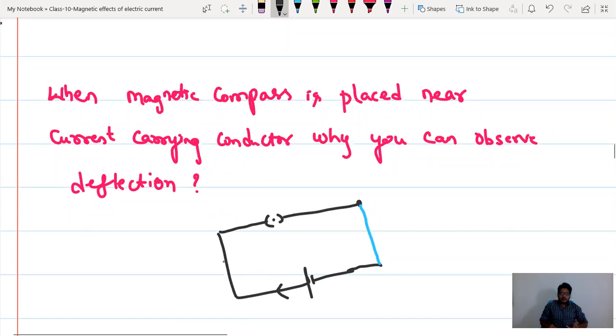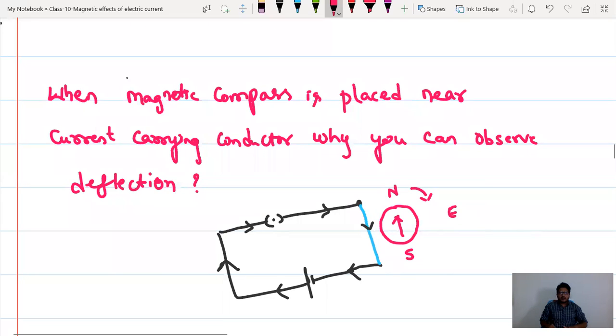Now you can draw the direction of current. Now there is current inside this current carrying conductor which is in blue color. If you place one compass needle, before switching on the current, it will show north and south direction. Now if you switch on, it should deflect. Of course we know now it is flowing from north to south, it will deflect towards east, isn't it?